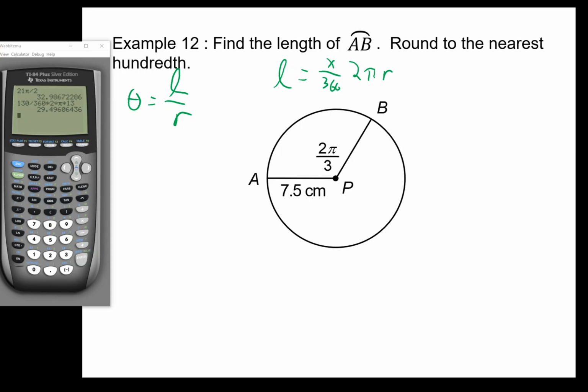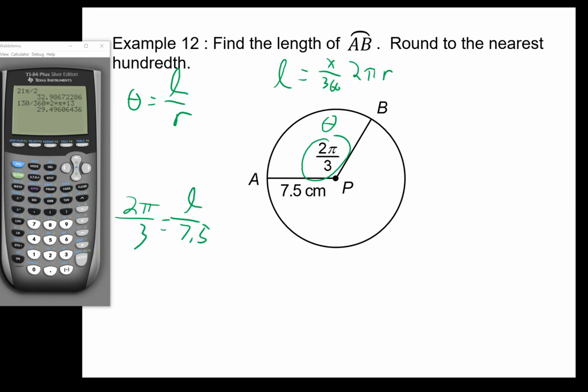So find the length of arc AB. Now in this case, we're looking for L, and it gives us theta, which is our measure. So this is our radians, this is theta. So 2 pi over 3 is equal to L over, our radius is 7.5.